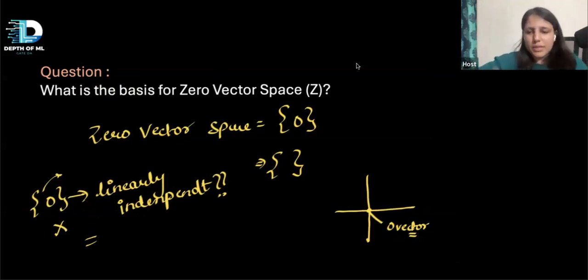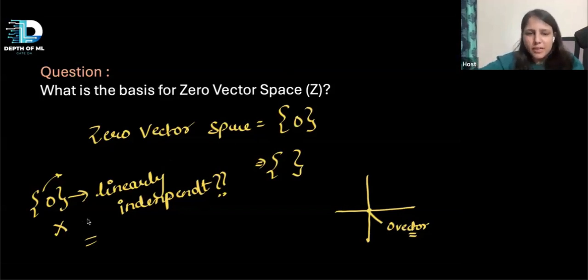Okay, so I was referring to a book for this, and it says the same thing: that if I take the zero vector into the basis, it doesn't remain a basis. So I have to agree that an empty set is the basis for the zero vector space.